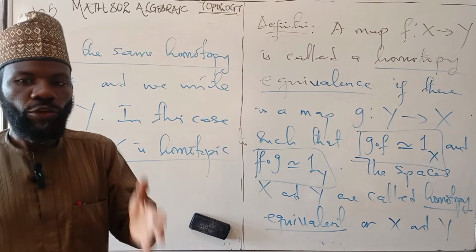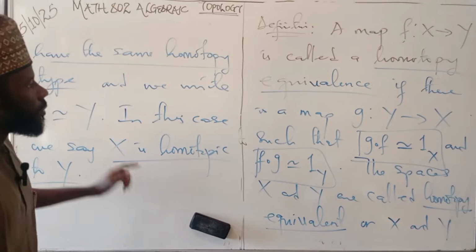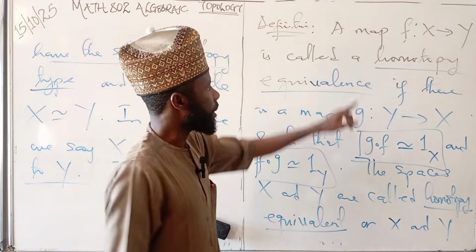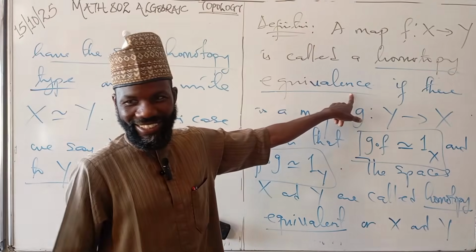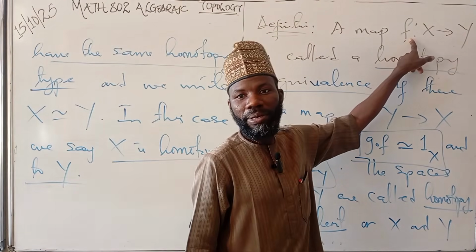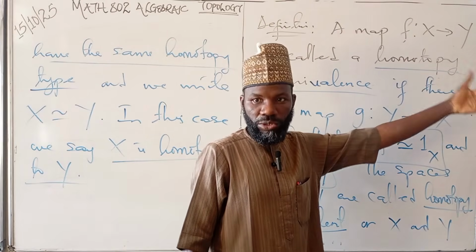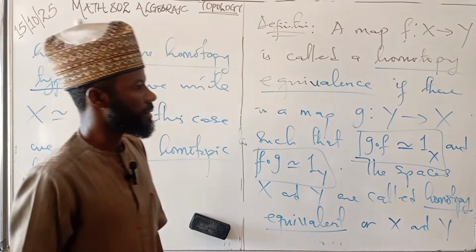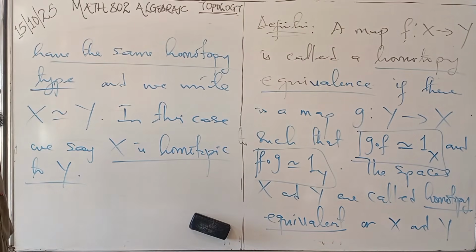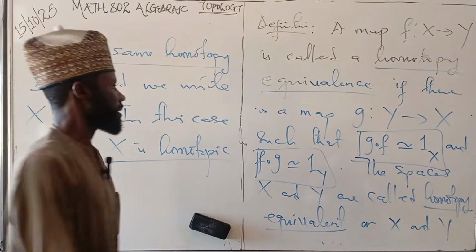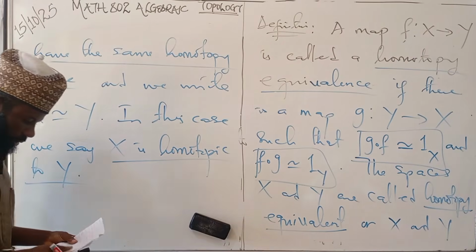For spaces to be homotopic, you don't need a homotopy between them, but you need a homotopy equivalence. And a homotopy equivalence is just one single map from one space to the other space. Okay? So that is it. Once you have that, you have a homotopy equivalence.